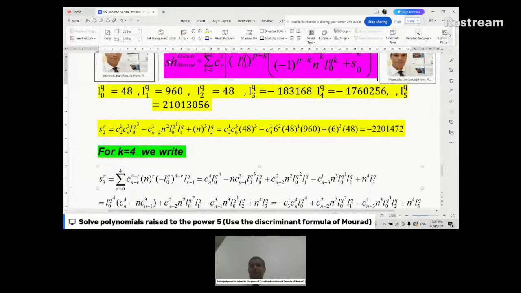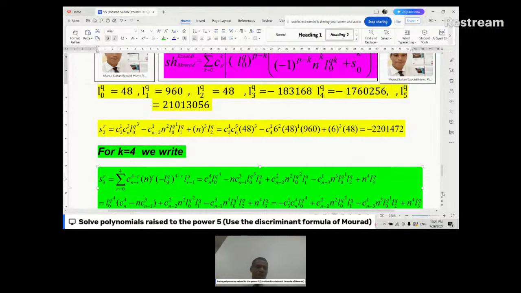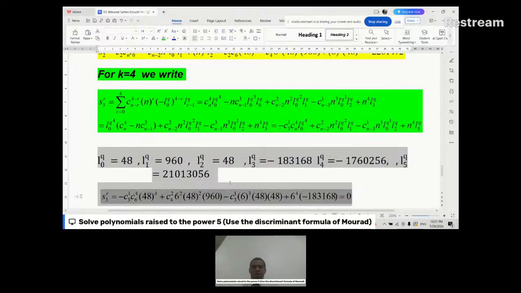I will focus on the last formula, which is S3 equal negative combination 3 choose 1 times combination n choose 4 times L0 for the q raised to the power 4, plus combination n minus 2 choose 2 times n squared times L0 for the q squared times L1, minus combination n minus 3 choose 1, n cubed L0 for the q raised to the power 1 times L2, plus n raised to the power 4 times L3.